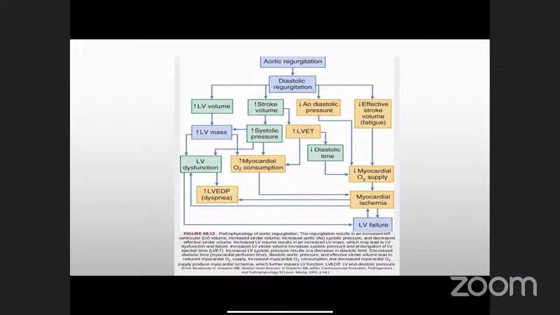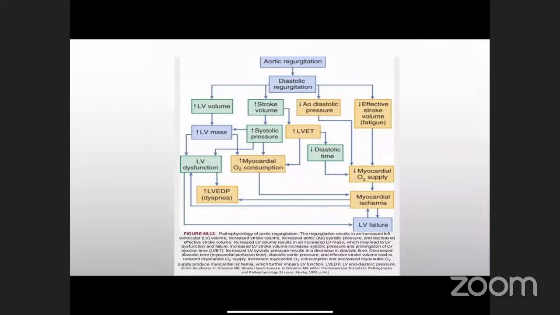When the stroke volume increases, it leads to increased left ventricular ejection time, which decreases the diastolic time and decreases the myocardial supply to the myocardial tissue, leading to myocardial ischemia.